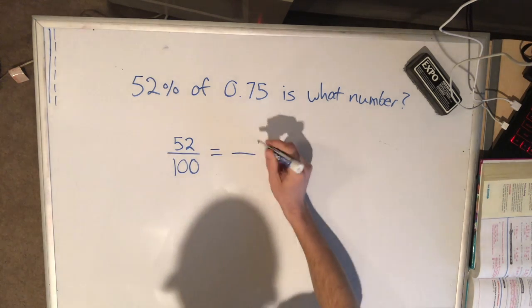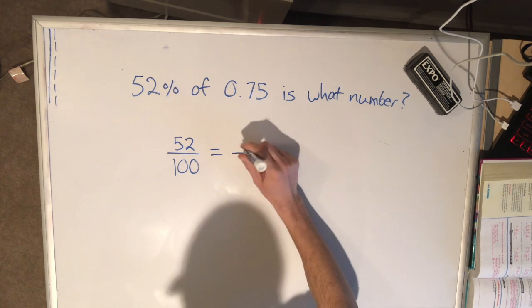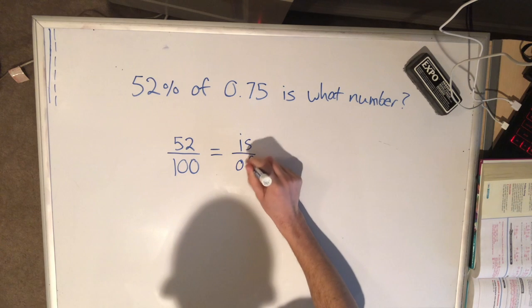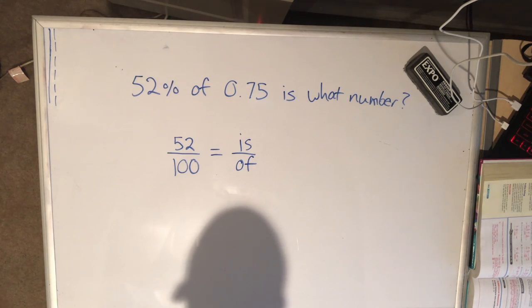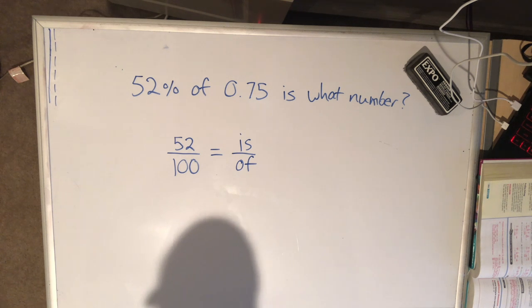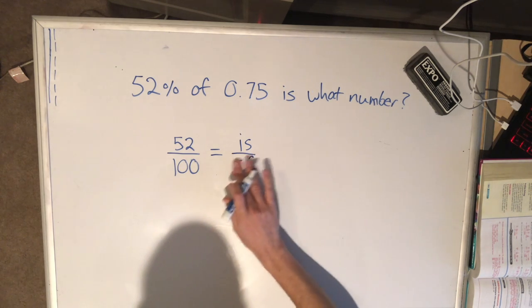And then it's always the is number over the of number. 52 over 100 equals is number over of number. Okay, so the of number is 0.75.